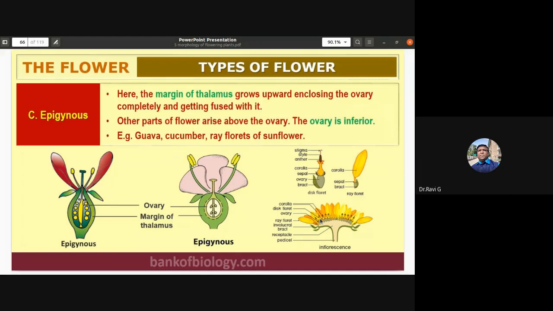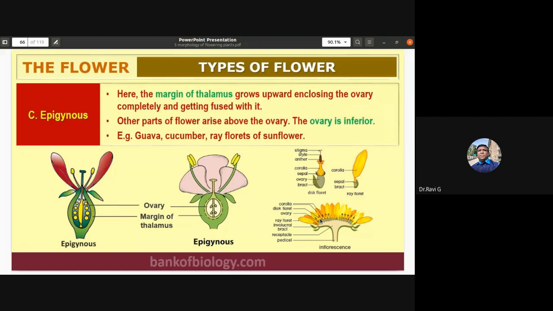So remember about this epigynous flower. Epi means above, gynous means gynoecium. Above the gynoecium, the calyx, corolla, and androecium arise. Why is it above the gynoecium? Because the ovary is enclosed by this cup-shaped receptacle completely. And above this cup-shaped receptacle, the calyx, corolla, and androecium arise. That's the reason we call this epigynous flower.